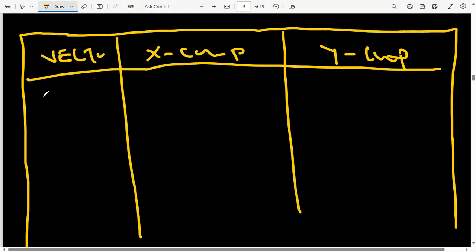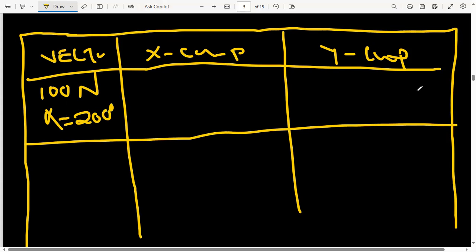So our first vector was 100 newtons, with an angle of 200. So this here, we resolved it into its components. We found that the first component was just 100 cos 200, and then this was 100 sine 200.